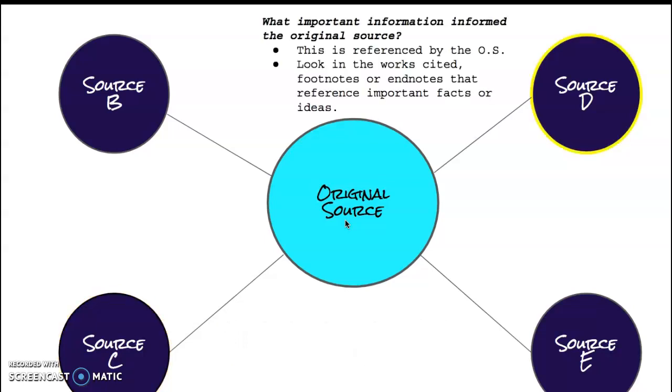A third way of going about this might be, what important information informed the original source, right? So this is going to be referenced by your original source. So what you'd want to do is comb through their works cited. I find myself doing this a lot whenever I do or have done any research, is going into the footnotes and seeing, well, what inspired them, or what are they using? What is their evidence?